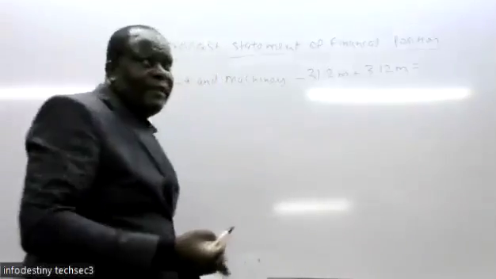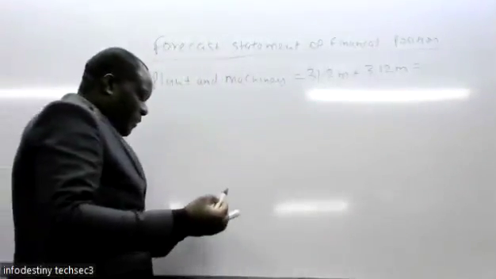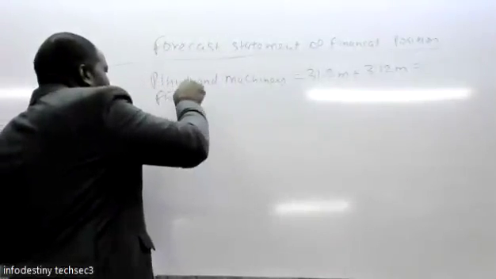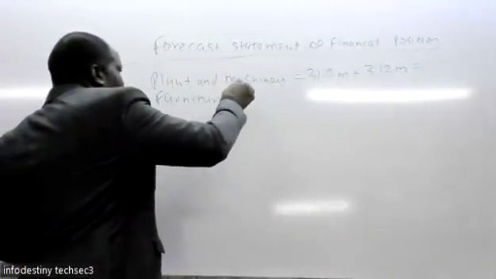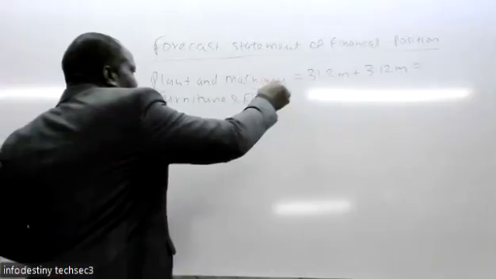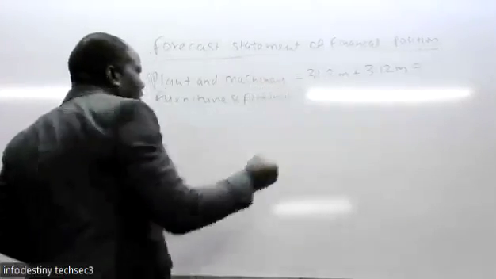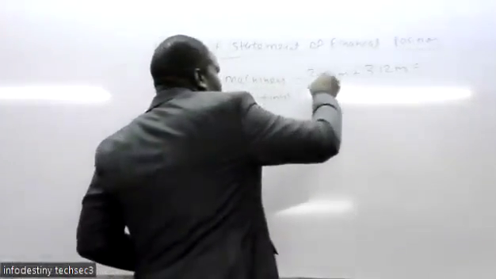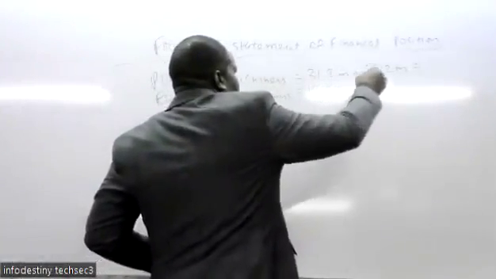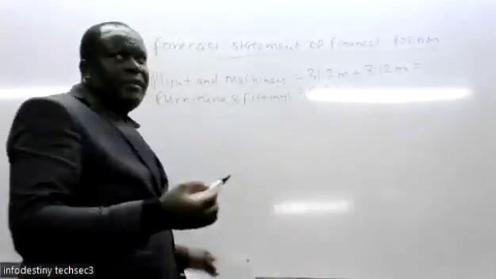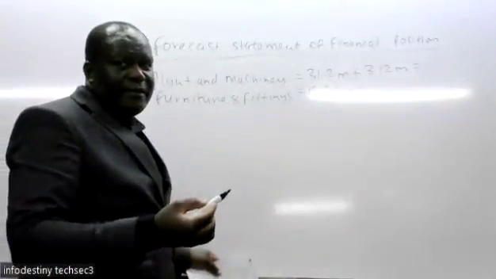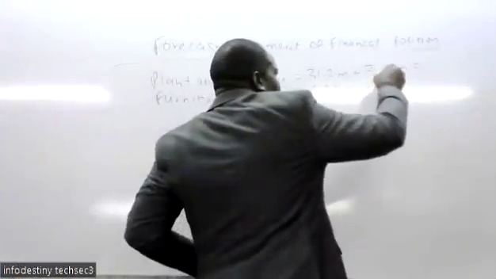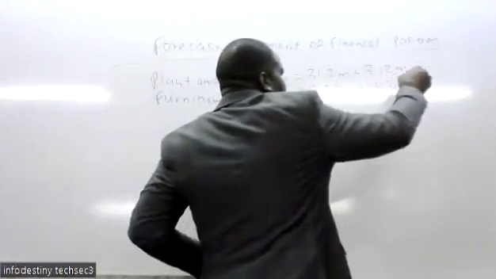Get that figure. Then you go to the second one, furniture and fittings. For furniture and fittings, you have 18.7. We also add that increase. Your increase is which figure? 1.872.